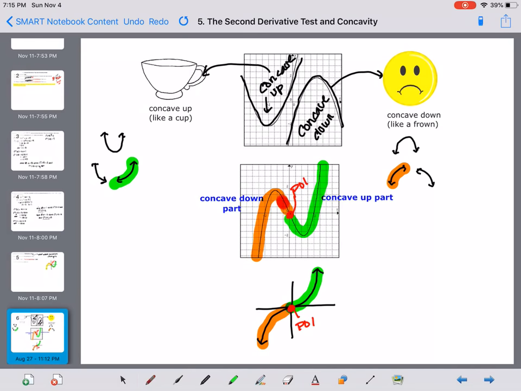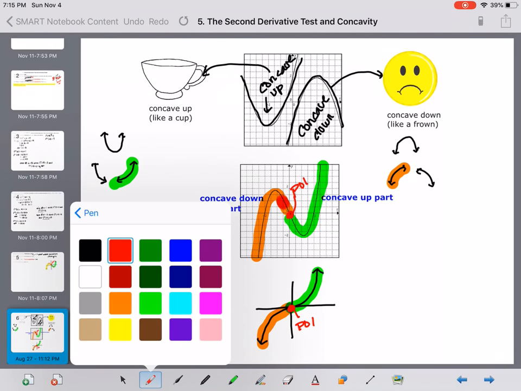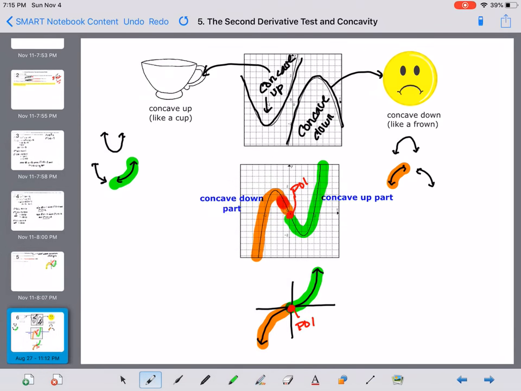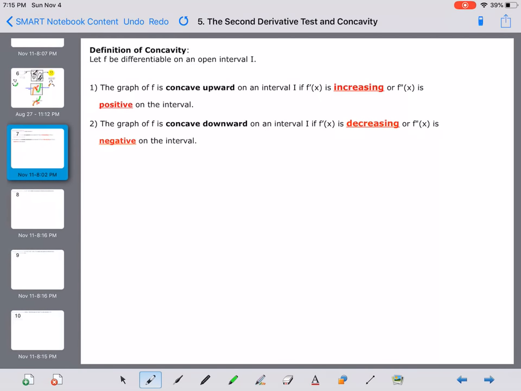So let's look at a problem and see how we actually do this algebraically. If we're talking about concavity, we know that our graph is concave upward if our first derivative is increasing or our second derivative is positive.